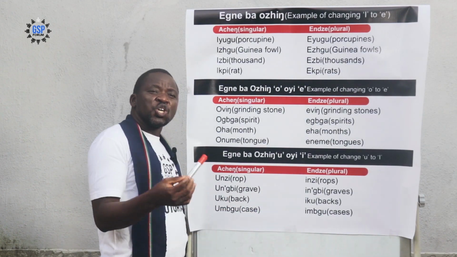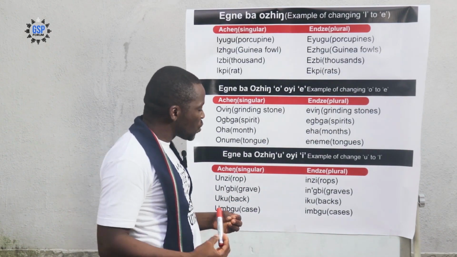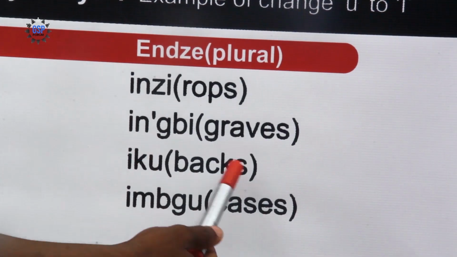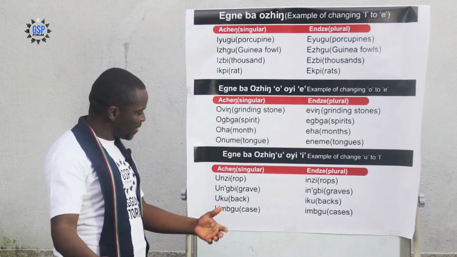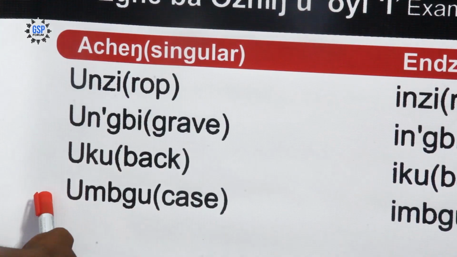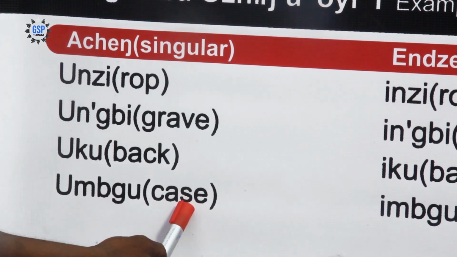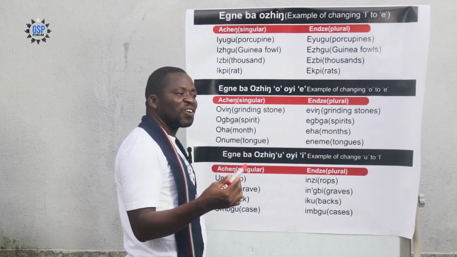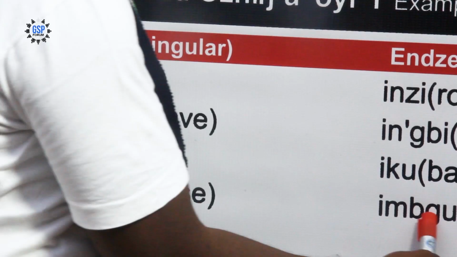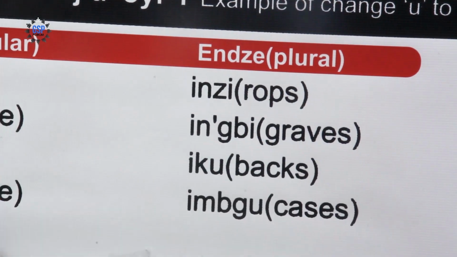If it is more than one, we call it iku, which is backs. The next one is umgu, which is case. If it is more than one, we call it imbgu, which is cases.